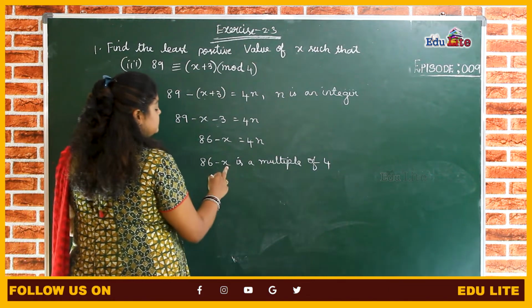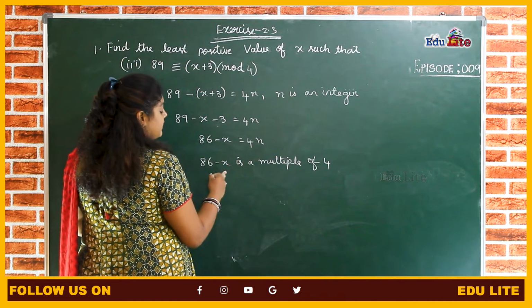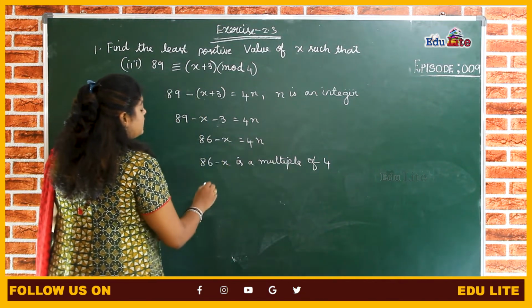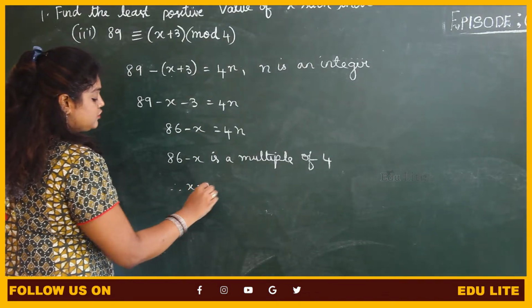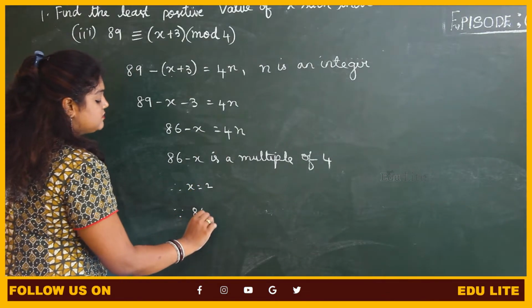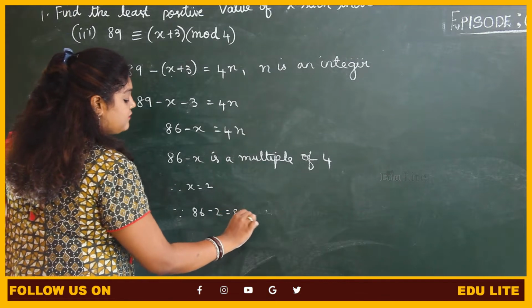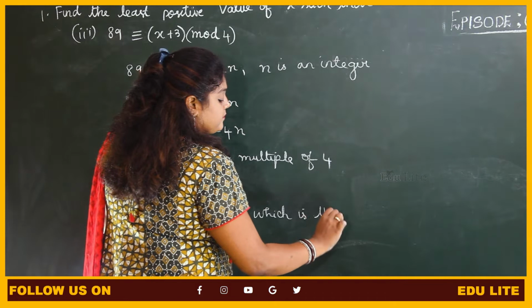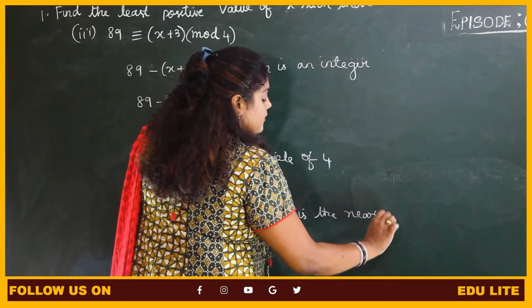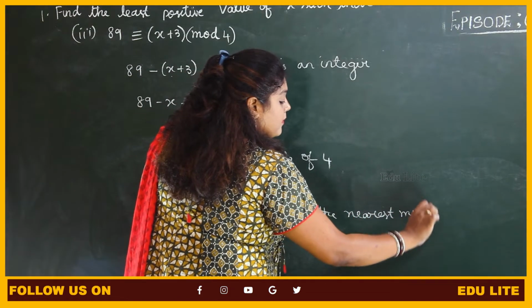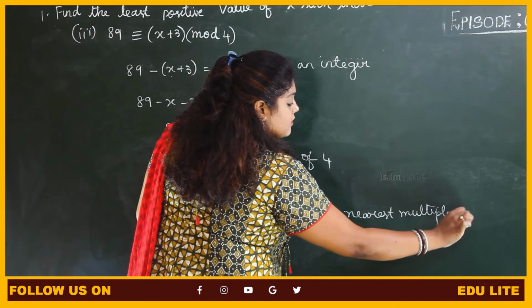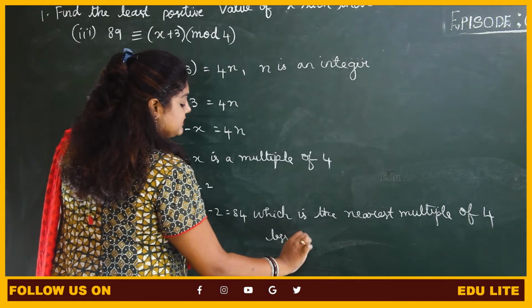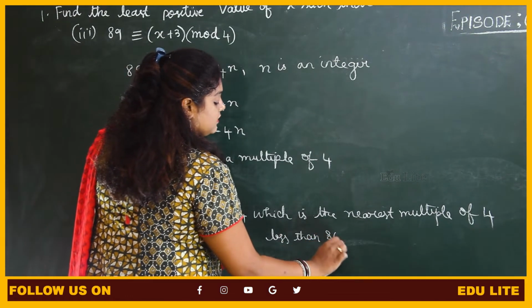Why are we choosing x equals 2? 86 minus 2 will give us 84, which is the nearest multiple of 4 less than 86. Therefore, x is equal to 2.